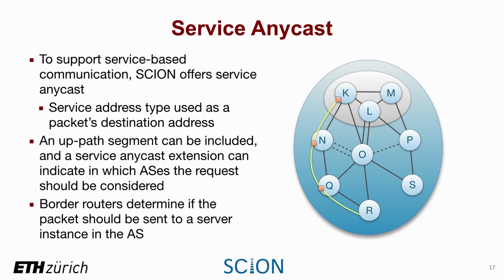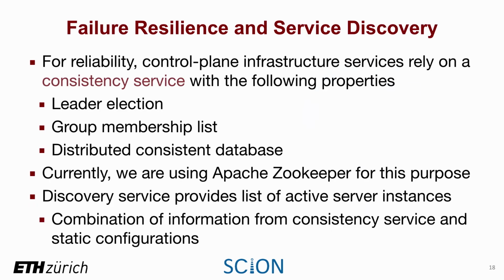So in conclusion, for service Anycast, we have quite a flexible infrastructure to support a variety of service-based communications. SCION has also several mechanisms for failure resilience and service discovery. And we use a consistency service within each autonomous system that offers the following properties.